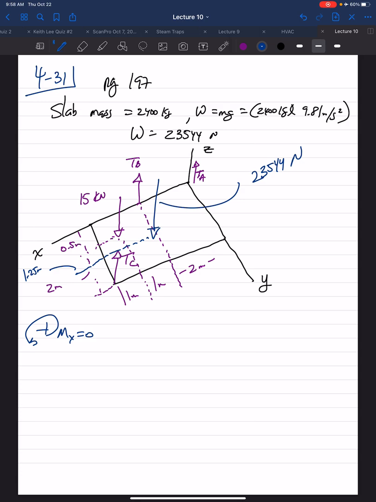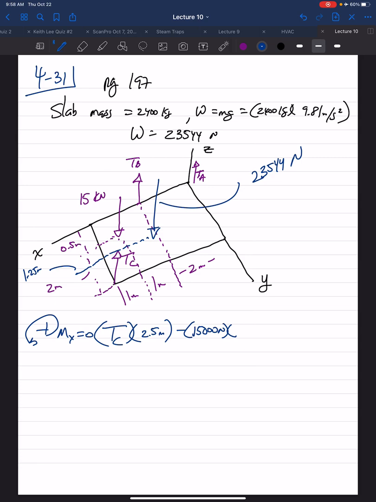So TC times the perpendicular distance, which is 2.5 meters, minus the 15,000 Newton force, which causes a clockwise rotation, negative.